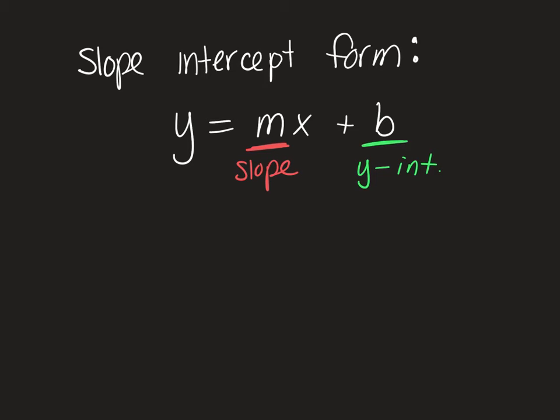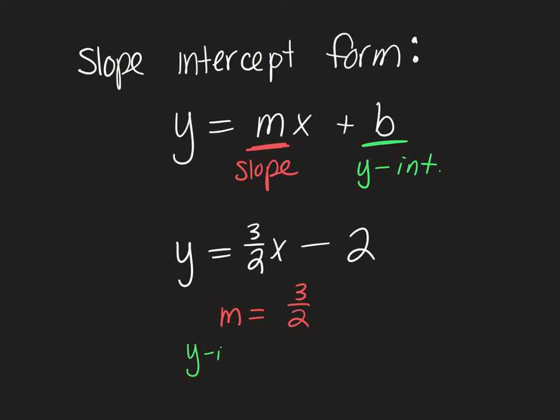So, for example, an equation that looks like this. Right? From that, we can say that our slope is 3 over 2, and our y-intercept is negative 2. Since we can just look at that equation and pull those numbers out, using basically the same method we just did a minute ago, we have a point.